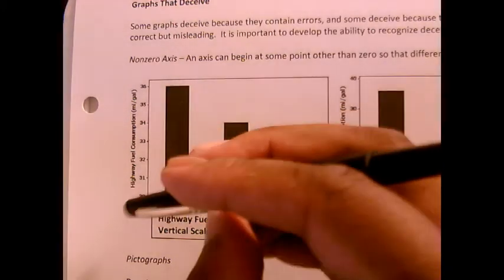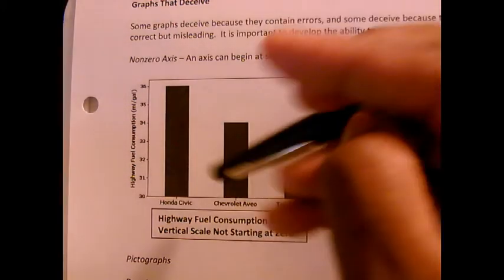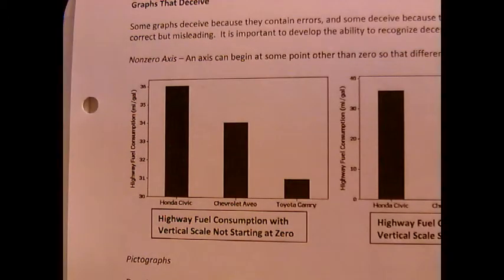In this case, it starts at 30. You can see that it may be graphed correctly, but it can either look exaggerated or it can be deceptive.